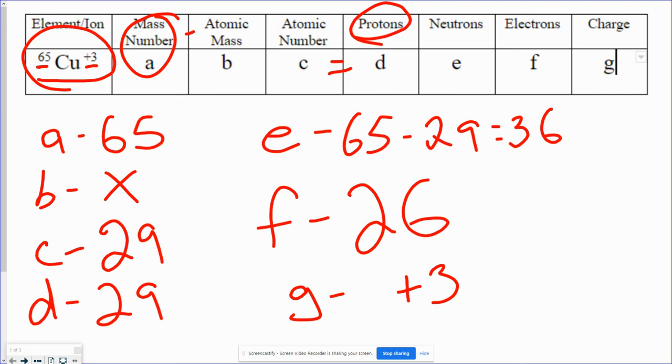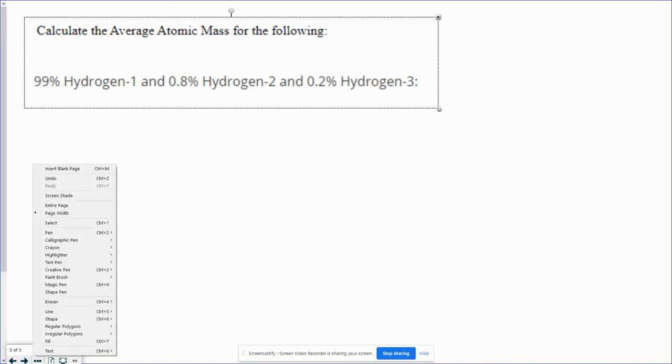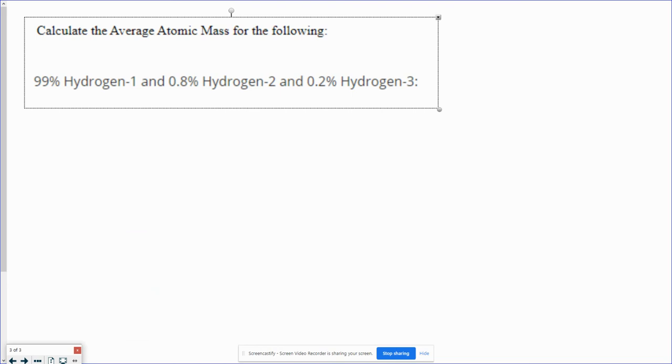All right, and the final type of question that we need to go over is that of average atomic mass. With average atomic mass, it's not exactly like the averages you've done in math class, because it's taking into consideration the abundance of that element on Earth. So you convert these percentages back into decimal form. You're going to take 0.99 and multiply it by the mass number of that one, which is 1, and you'll get 0.99.